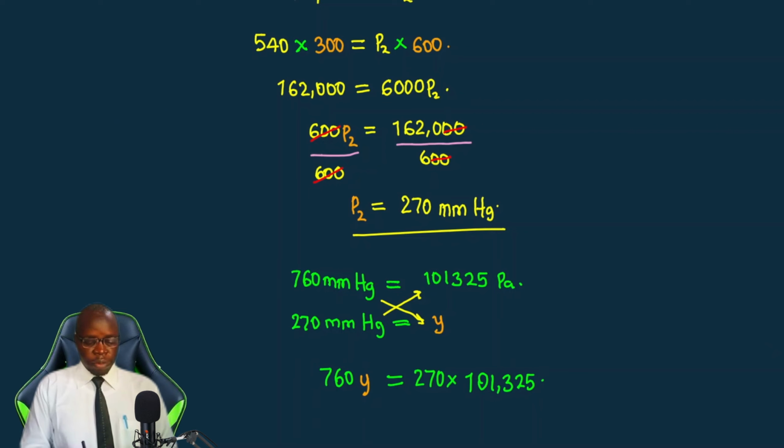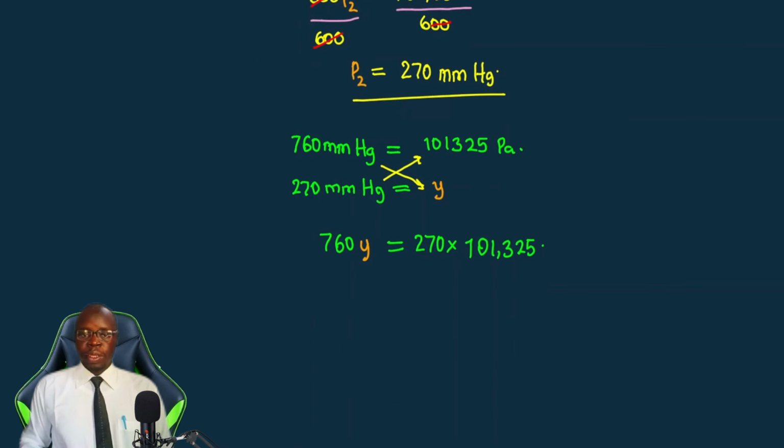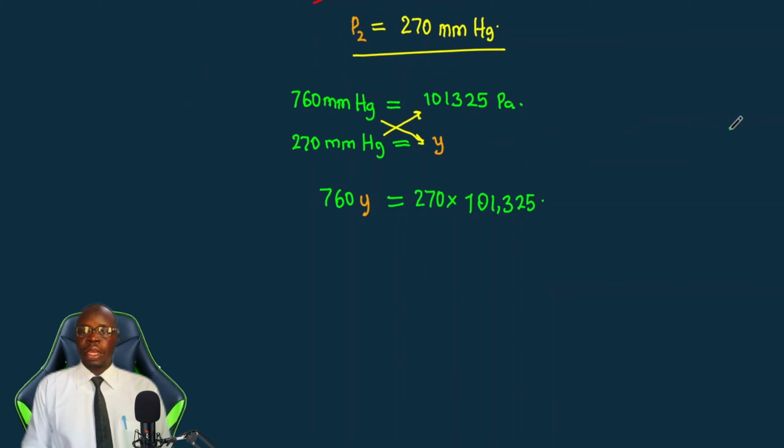So let's do that multiplication. 270 times 101,325. So we get this figure, 27,357,750, and we have our 760 times Y from this side here.